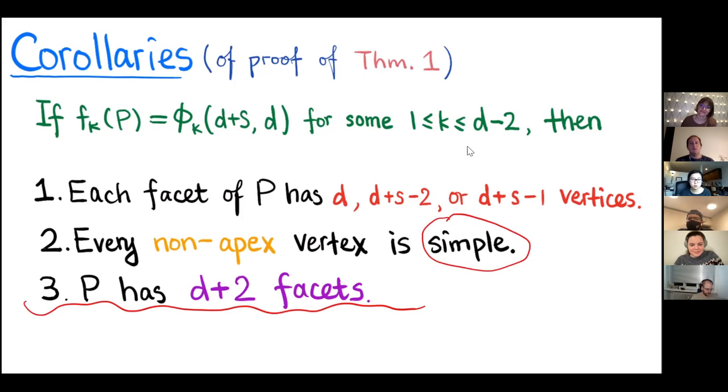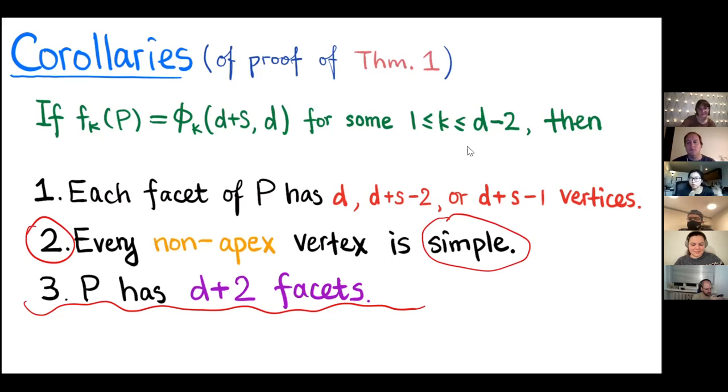And that's the most useful one because now I can flip it and look at a polytope with exactly D plus 2 vertices, and we know that family quite well from the past 5 minutes. So we use the second corollary to get rid of all the apex vertices.